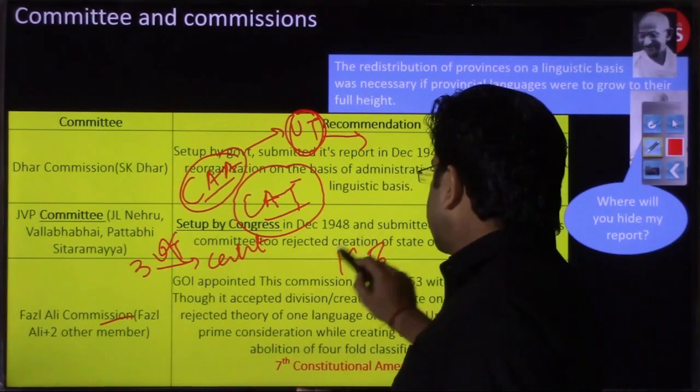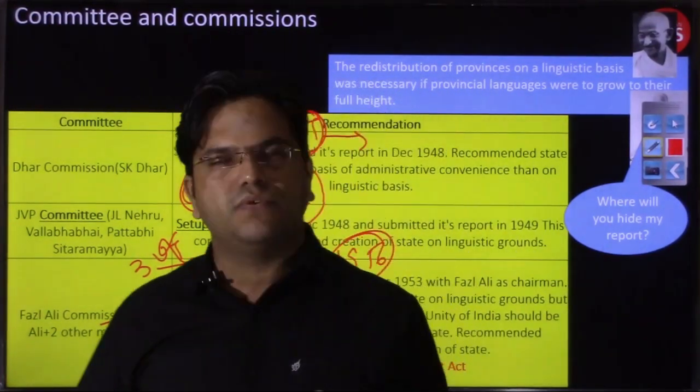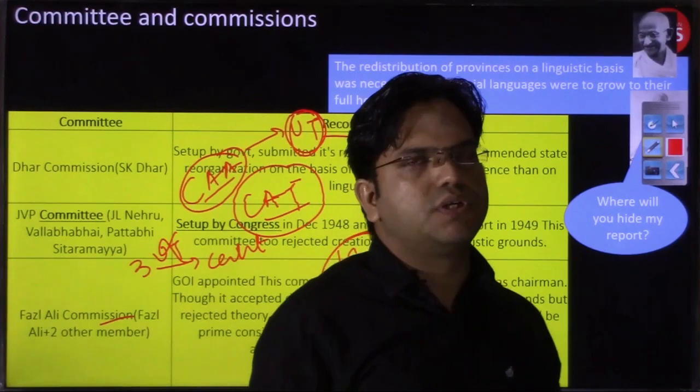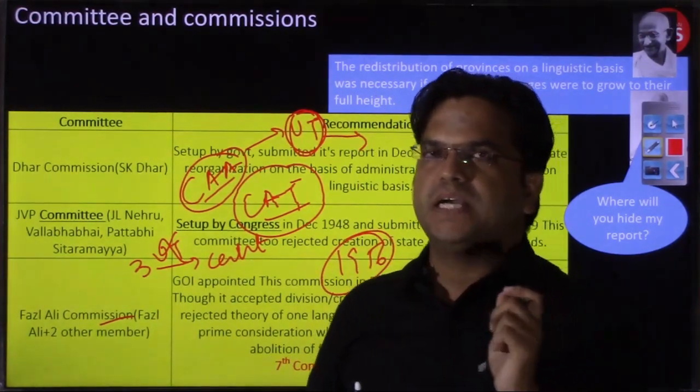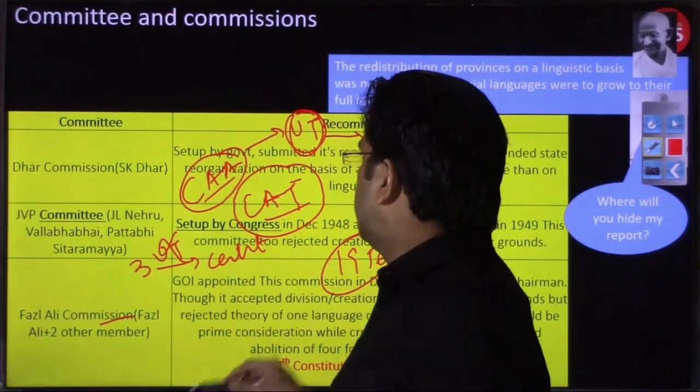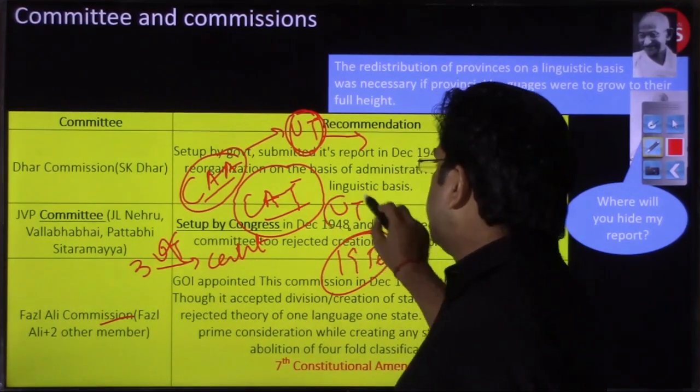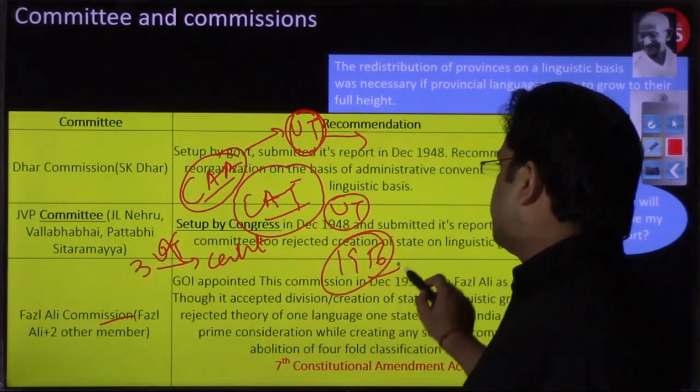So if a question is asked when this word union territory was introduced into the Indian Constitution, or when this setup in the union territory format came into the Indian Constitution, you will say in 1956.